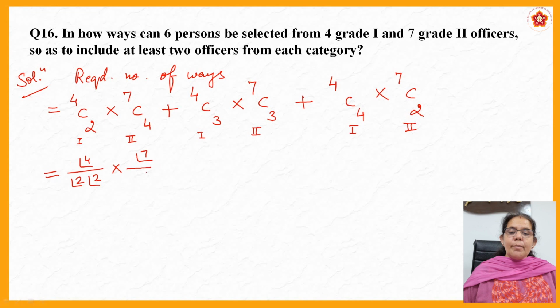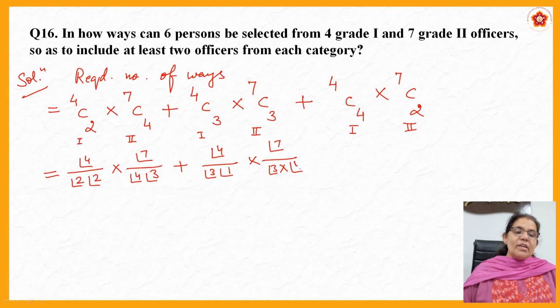Factorial 4 divided by factorial 2, and 4 minus 2 is 2. Same way factorial 7, factorial 4 will come here, and 7 minus 4 is 3. Factorial 4 here, factorial 3 here, and 4 minus 3 is 1. Factorial 7 here, factorial 3 will come here, and 7 minus 3 is 4.